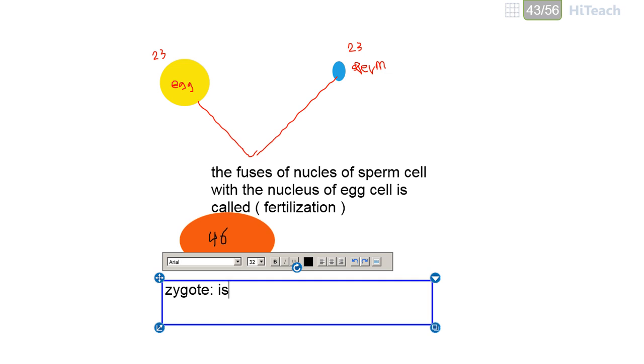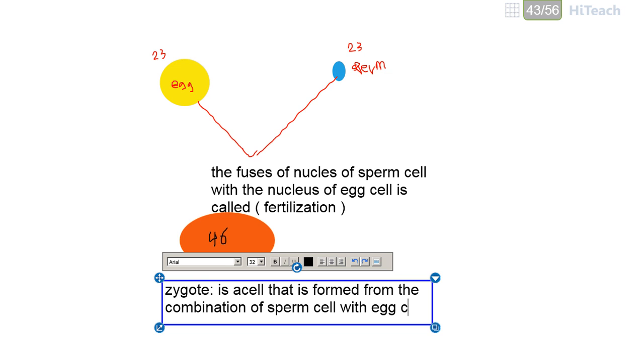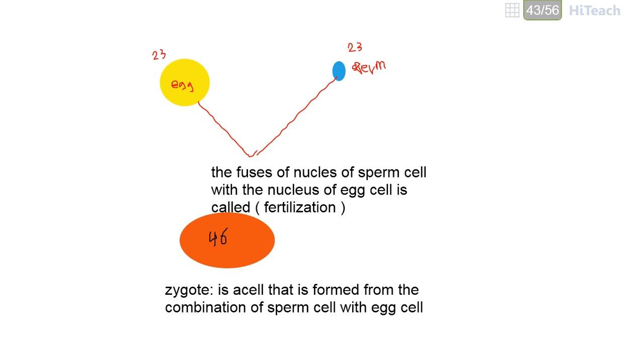A zygote is a cell that is formed from the combination of sperm cell with egg cell, and it has a full number of chromosomes. Very important to write this. A complete number of chromosomes at the end.